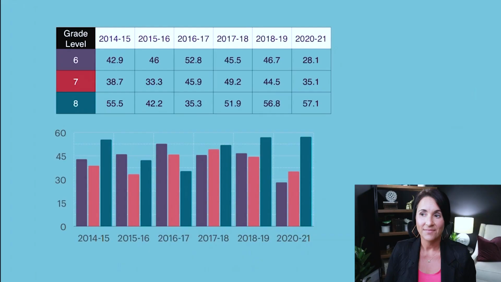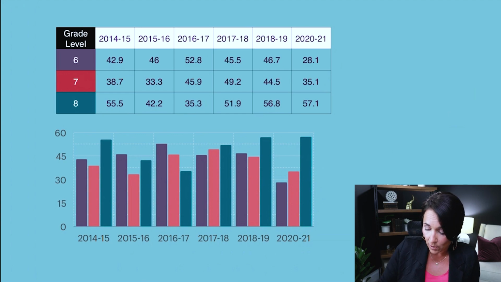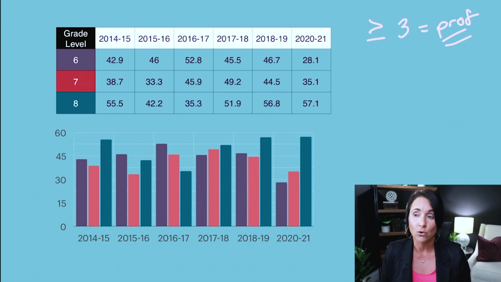Okay, so let's take a look at the table first. This table and this graph represent the percentage of students reading at a level 3 or above. So this is greater than or equal to a level 3, which equals proficiency. That means they're on grade level.